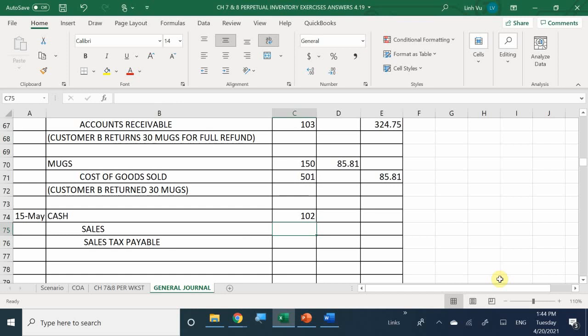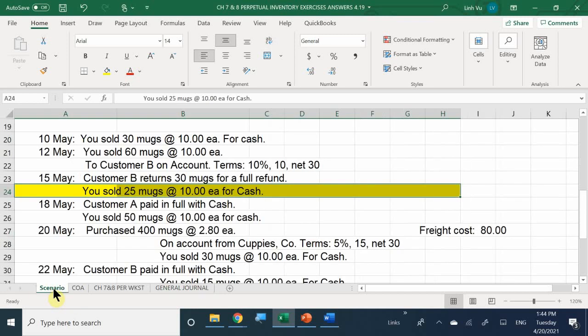I believe that's account 401 and 230. In this case, how many cups did I sell? We sold 25 of them for $10 each.